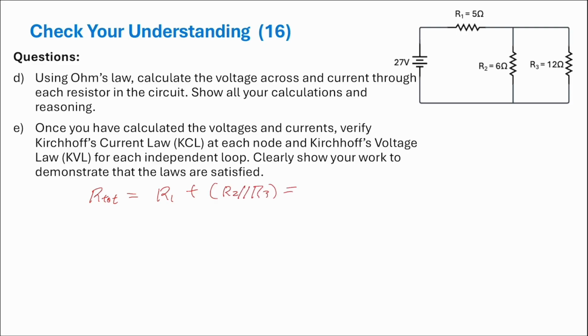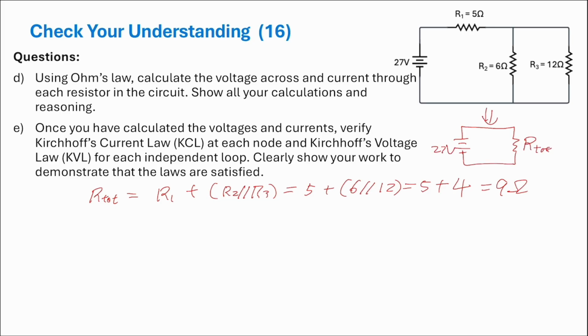So R1 is 5 plus 6 parallel 12. So it's 5 plus, this is 4, so this is 9 ohm. So this circuit can be reduced into this simple circuit. This is R total. This is 27 volt.